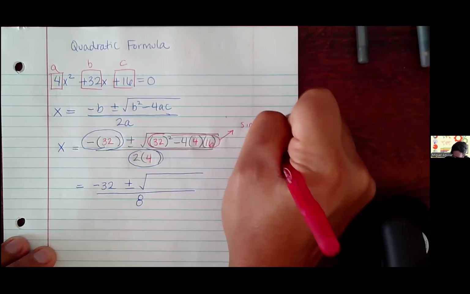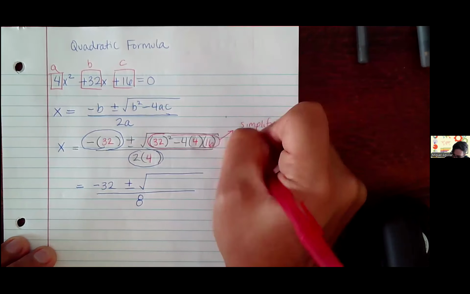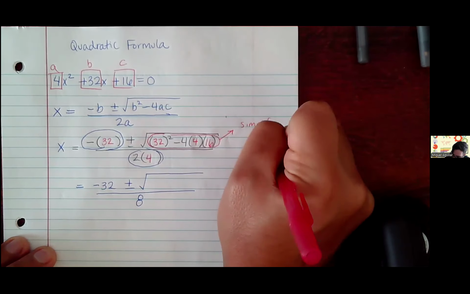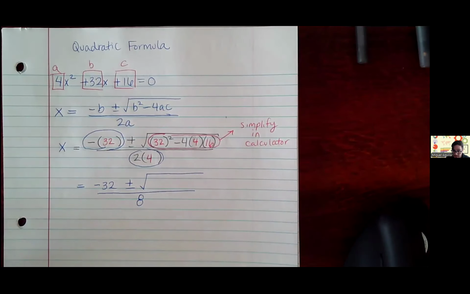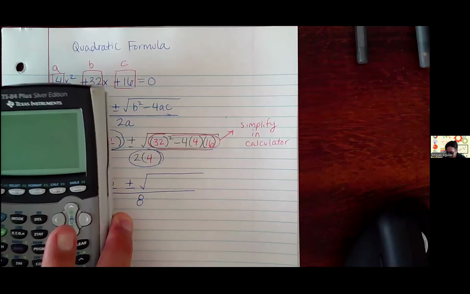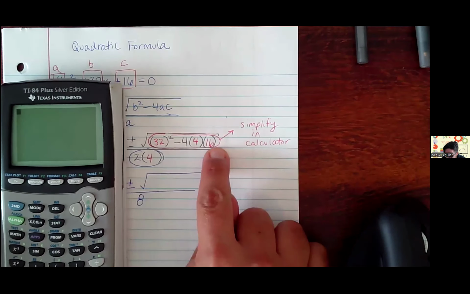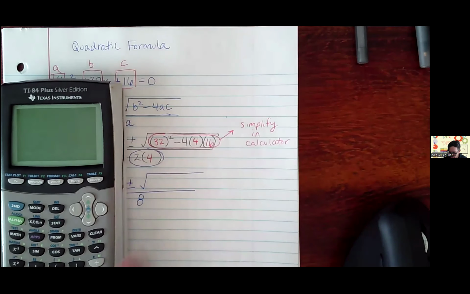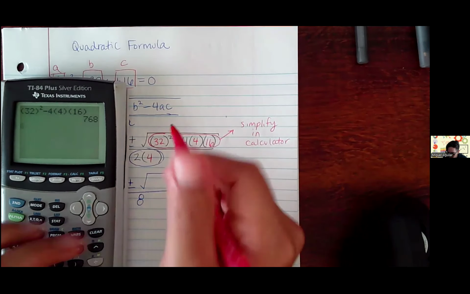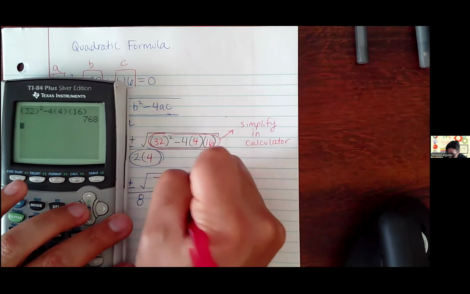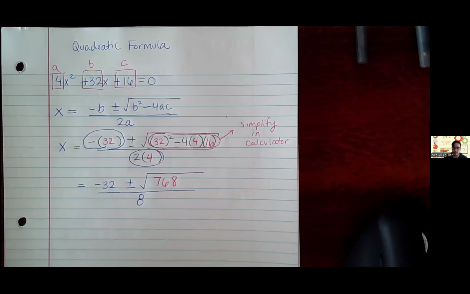I always suggest to simplify in the calculator so that you don't have to do anything by hand here and possibly make a little mistake. So we'll grab our calculator and type in just the discriminant, not the square root symbol. So we have 32 squared minus 4 times 16 and see what we get. In that case, we get 768. 768 now goes inside that square root.